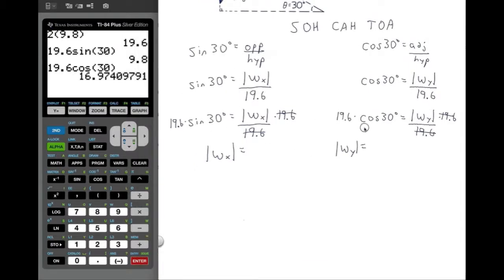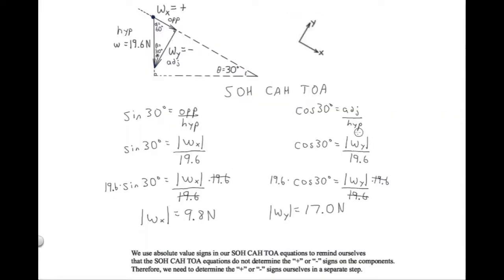Doing these calculations, for w sub x we got 9.8 newtons. And for w sub y, since this digit is a 7, I'll round up this digit, and since this digit is a 9, I'll round up this digit. So we end up with 17.0 newtons for the magnitude of w sub y, and 9.8 newtons for the magnitude of w sub x.